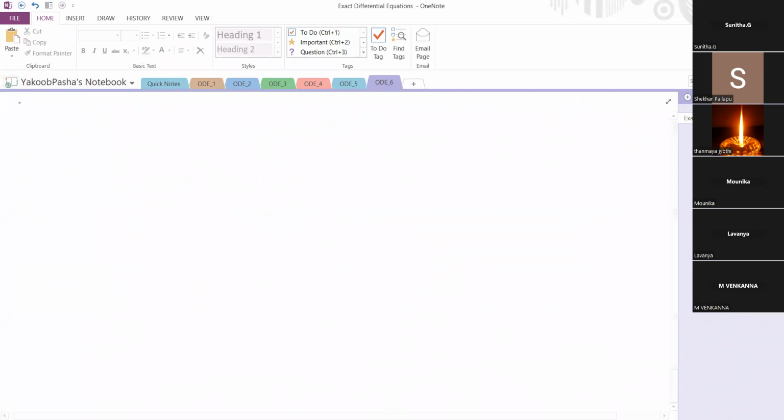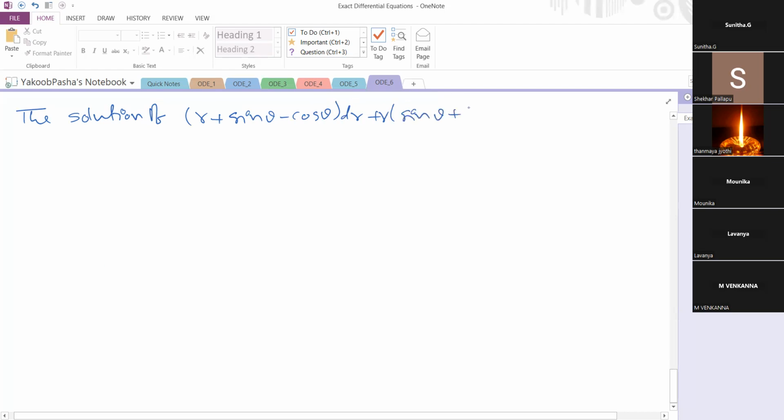The solution of r plus sin theta minus cos theta into dr plus r into sin theta plus cos theta d theta is equal to 0 is.